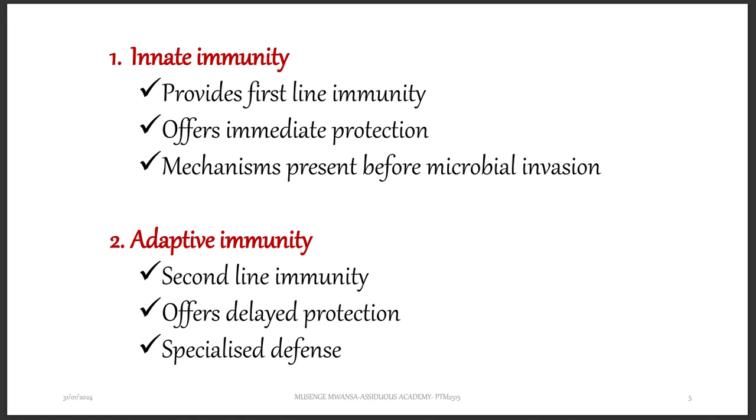So the innate immunity is the first line of defense. What happens is this: at the very beginning, when you are exposed to something that can cause disease, what is going to fight that thing at the very beginning is what we call the innate immune system. It is also called the natural, because it just happens by itself.